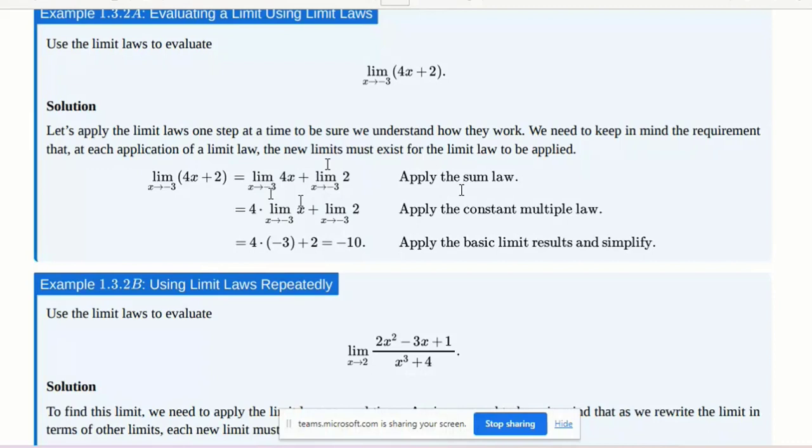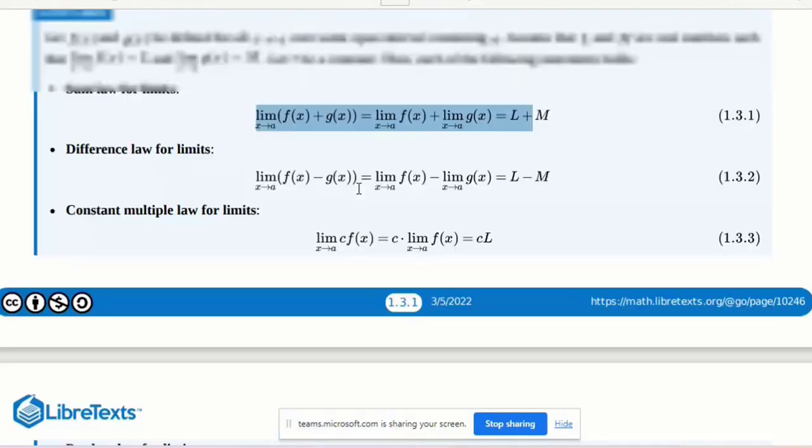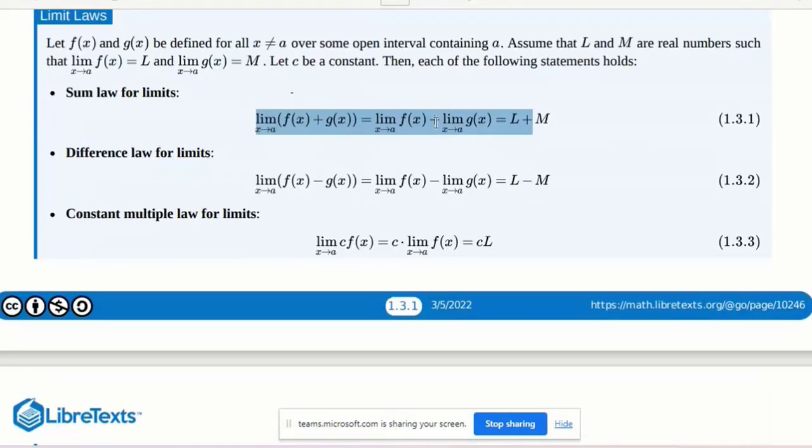That 4 is a constant. In the place of x, we'll just put minus 3. There is no way that we can put a minus 3 in the 2, so it remains a 2. Then our answer is minus 10. Is it making sense? Yes or no? Yes. This is the application of this law, number 1, the sum law for limits.